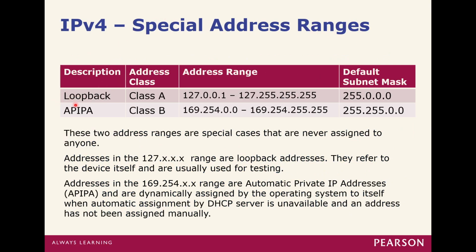So here we have a loopback. Every PC has its own address when it comes to loopback, and the address is usually the same. You can have 127.0.0.16 and 15 and 14, but the default one on your PC is 127.0.0.1. APIPA, here we have a class B. It works on 169.254.0.0.